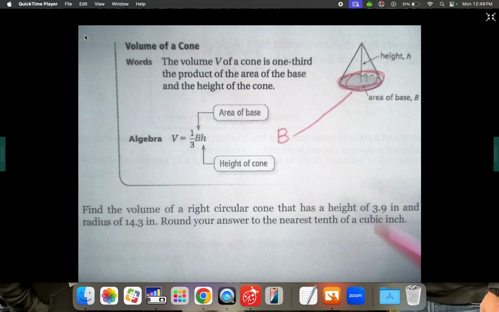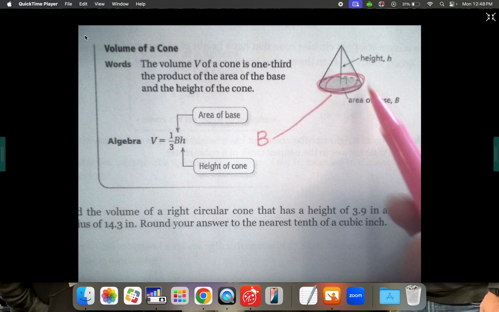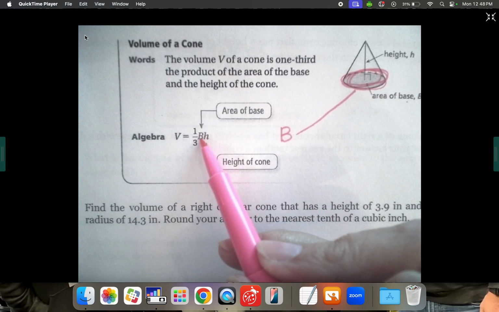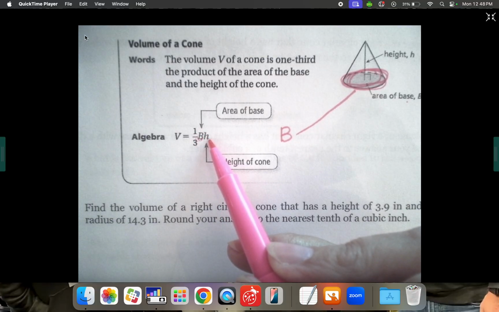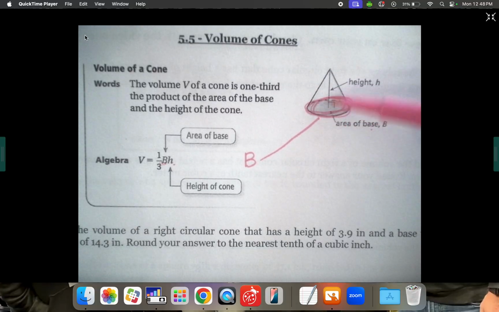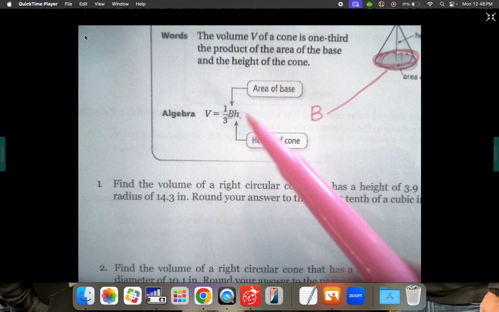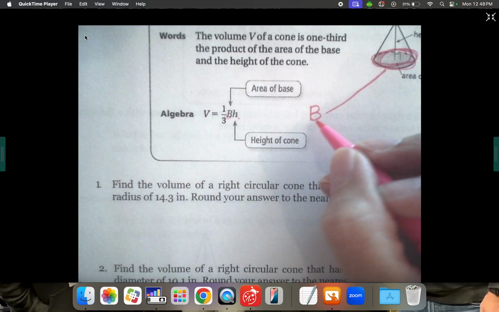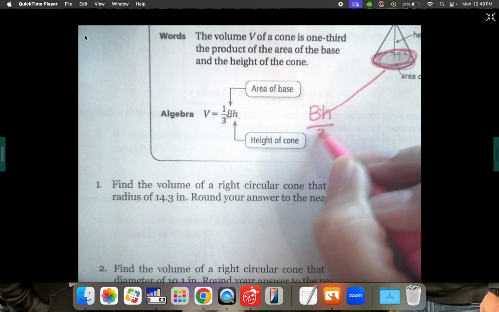So we're going to have to find the area of the base, which happens to be a circle, for our capital B. That is going to be a little bit more math in that capital B, but then we're going to multiply by the height, which is going to be an easy one. It'll just give us a number here, and then it's 1/3 of that. So I will be dividing by 3. Base times height divided by 3.